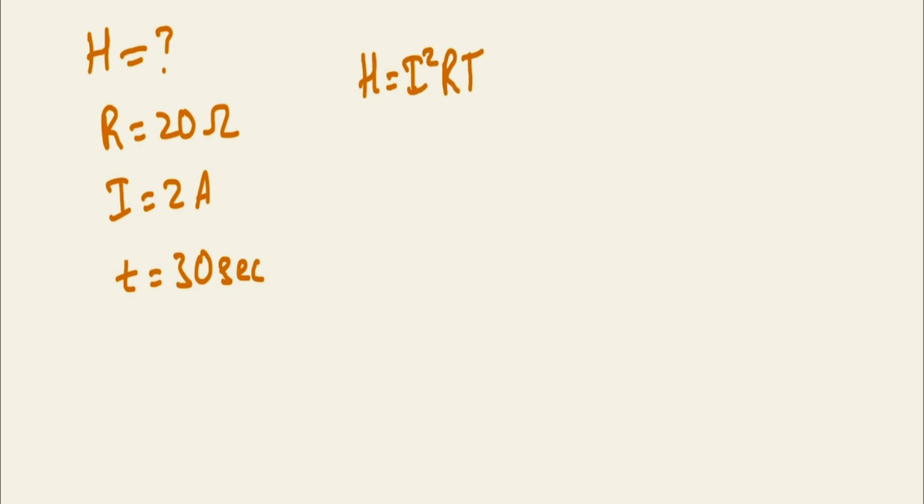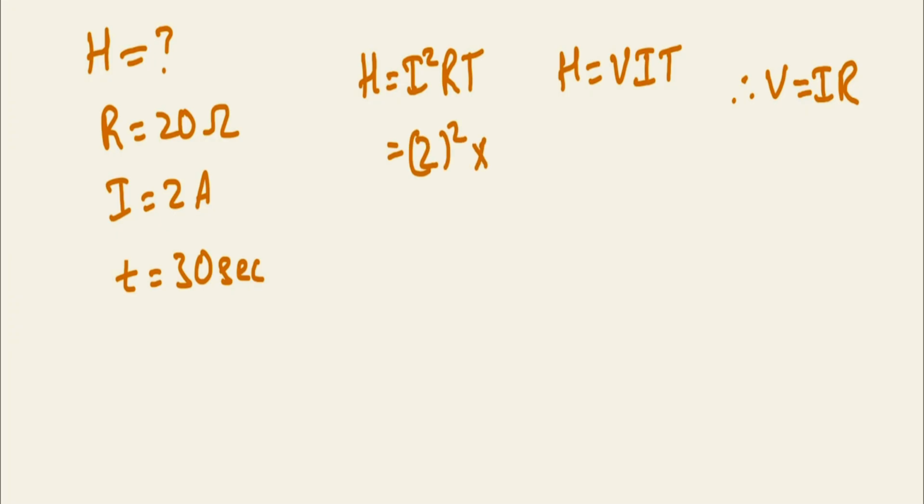If you know Ohm's law, we can also write this formula as H is equals to VIT, where V is equals to IR. So when we solve this, I is 2 ampere, so 2 square into R is 20, and then time t is 30.